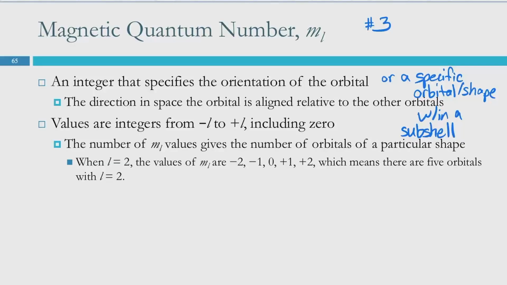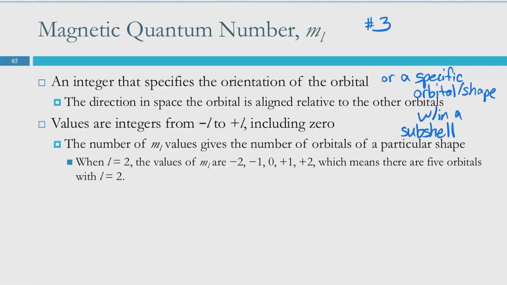So for n, our principal quantum number, we were talking about the orbits, the different energy levels. For L, our angular momentum quantum number, we were talking about subshells. So within that shell, there are different families of shapes that we can have. Our magnetic quantum number is saying which of the specific shapes in that family we are talking about.